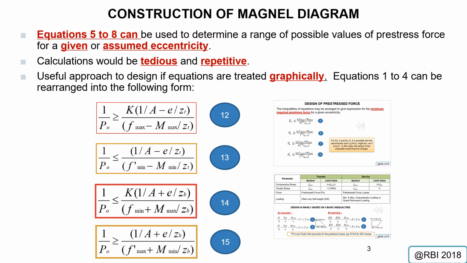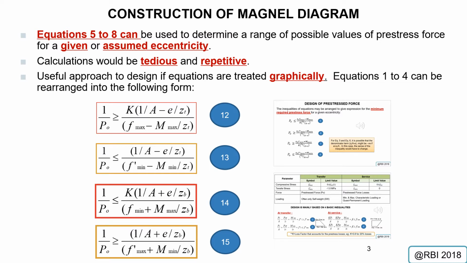With these equations rearranged, we consider 1 over P naught as the main parameter on the left side, and all other parameters such as area, pre-stress loss, moment, and the stress limits are put on the right side. Then you will have four inequality equations.